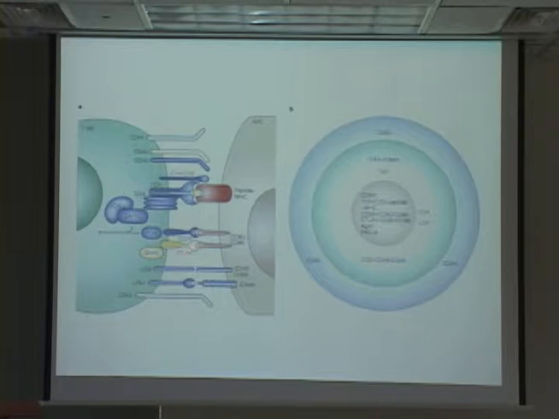And there's a lot of interest in how CTLA4 inhibits. I don't think this has really been settled yet, but one of the things that CTLA4 does is it binds with very high affinity, higher than CD28, to these B7 molecules.